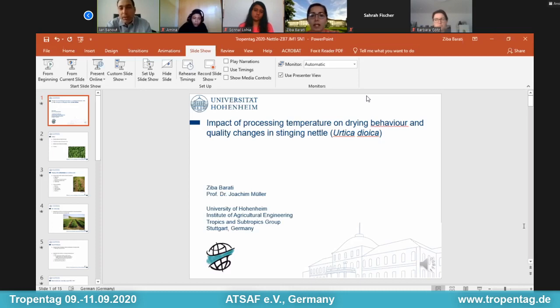maybe in the future. I mean, actually the main aim of this project that I'm working in is to design and build a new batch dryer for medicinal plants. And this study that we did is for gathering the information about the optimum temperature related to the nettle.